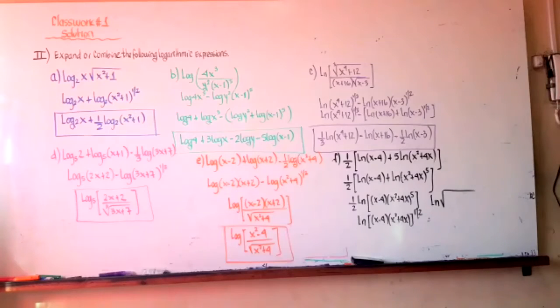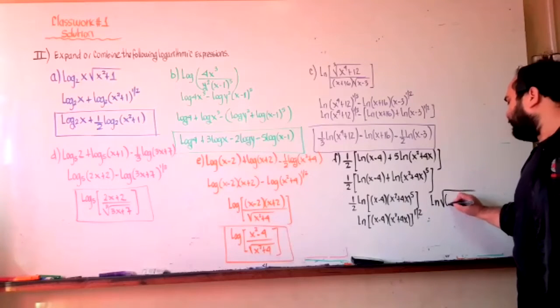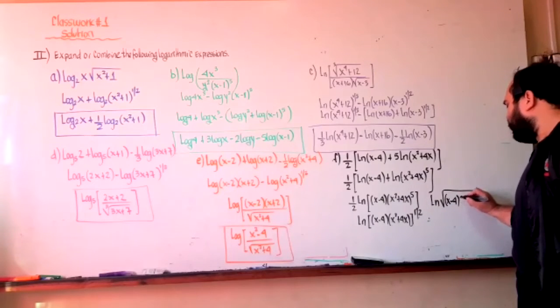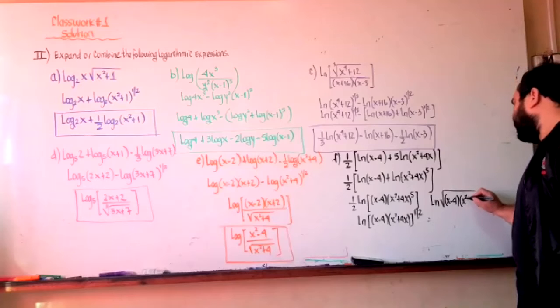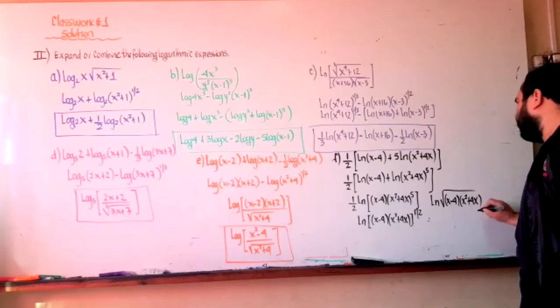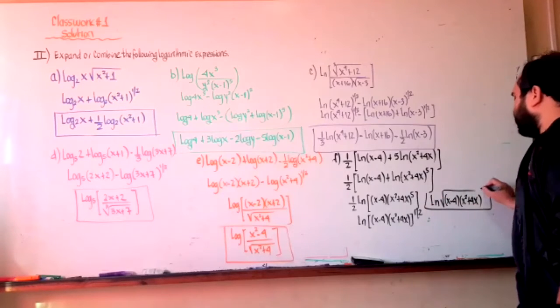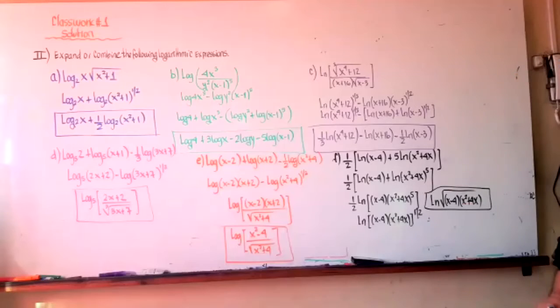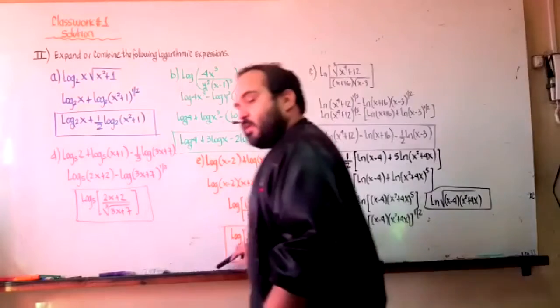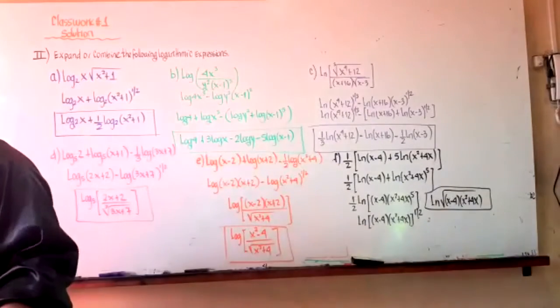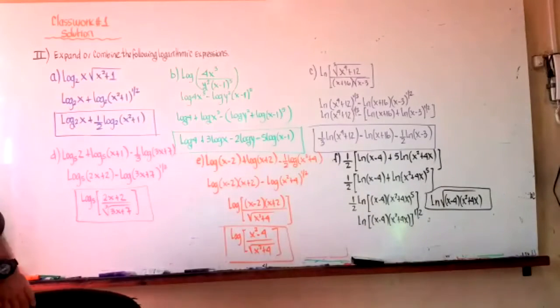So the solution will be given by square root of x minus 4 parentheses x squared plus 4x. And this is the complete combination of the letter F into the natural logarithmic space.